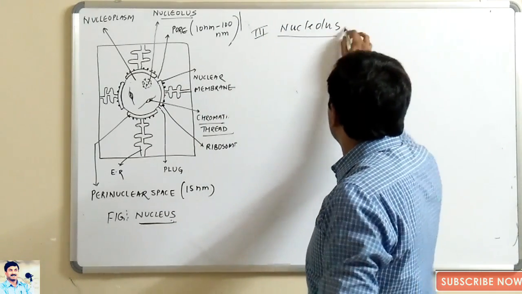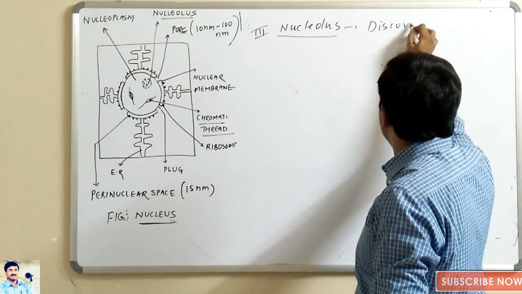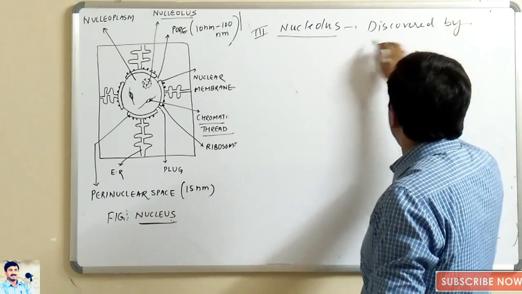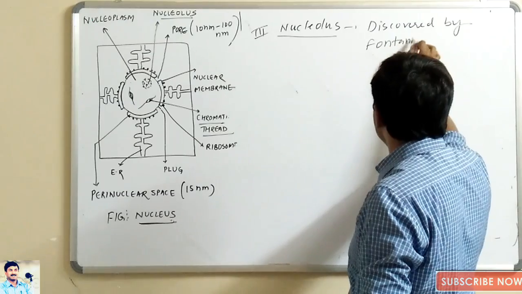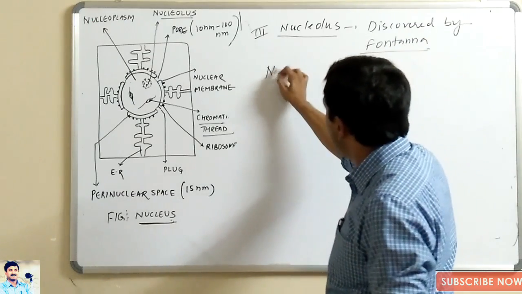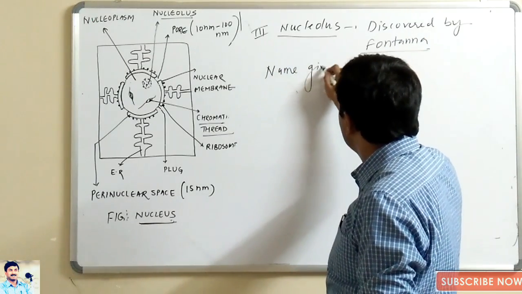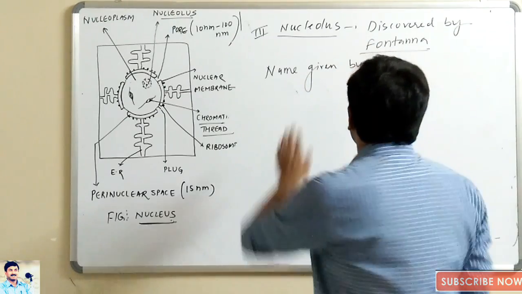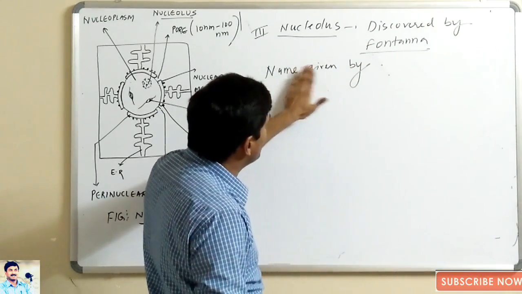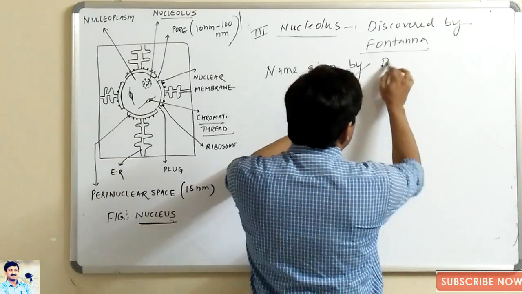Nucleolus was discovered by the scientist Fontana, and the name Nucleolus was given by Bowman.